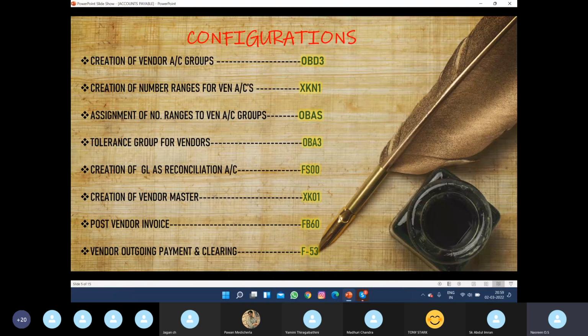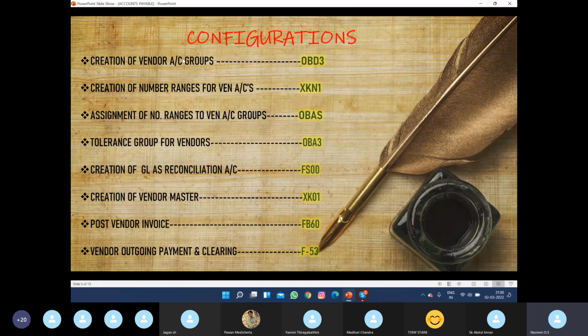There are certain configurations which are required to be made to process our day-to-day transactions. These are some of the configurations which we have to maintain to post the transactions related to accounts payable.